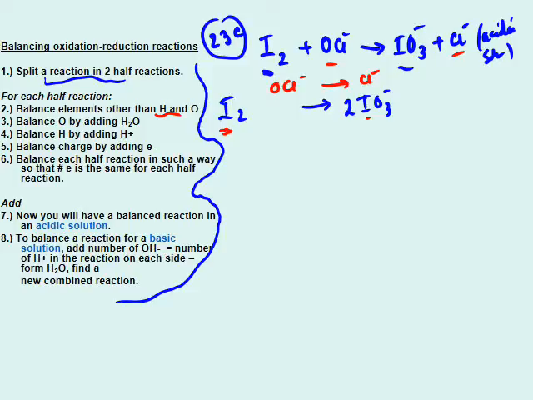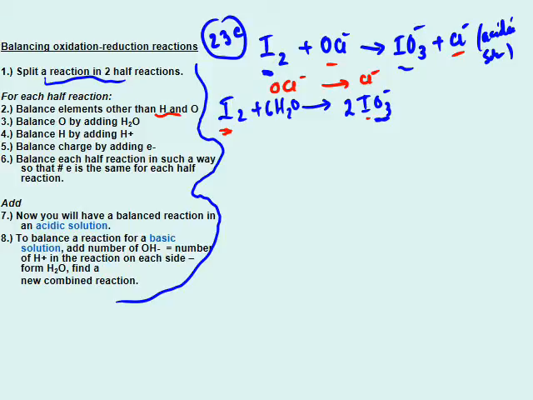Then I need to balance oxygen by adding H2O. I have 6 oxygen on the right hand side, 2 times 3. So I must have 6 H2O on the other side. So that gives me 6 oxygen.